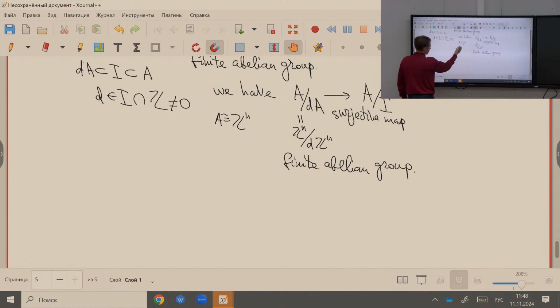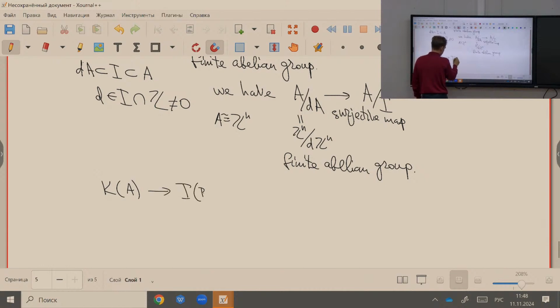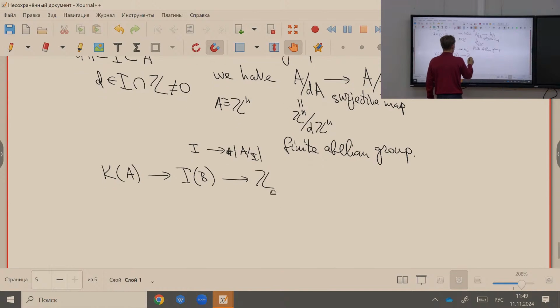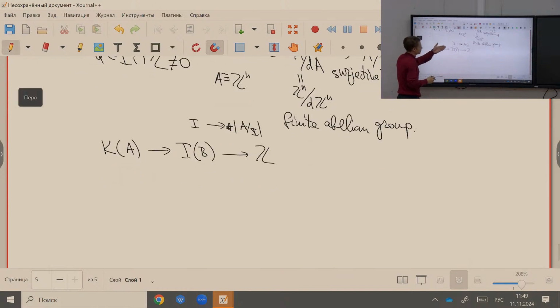So one can introduce further maps, so that you can consider chi of A, introduce this map to chi of B, and here you can introduce the map to Z. So to an ideal, it associates the number of elements in this ideal, and notice that if you think about fractional ideals, the fractional ideal is a product of ordinary ideals. So this is just a well-defined number.